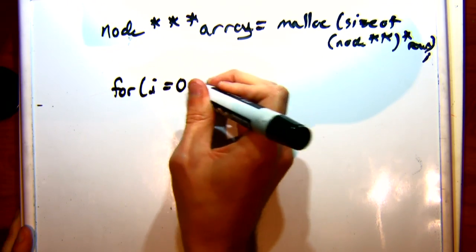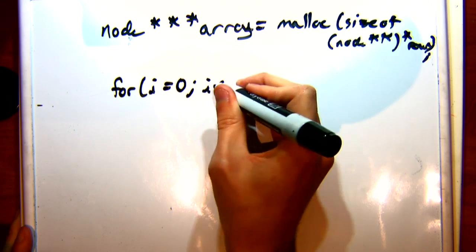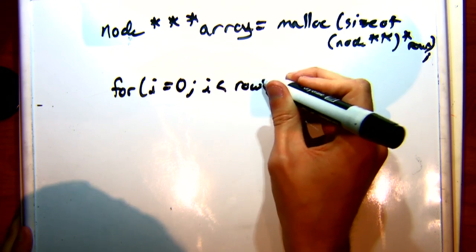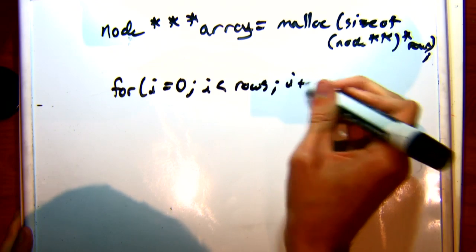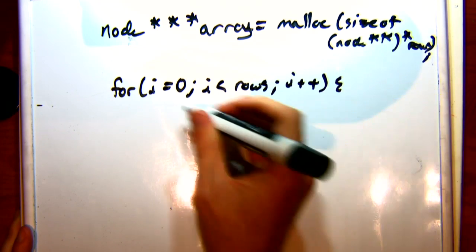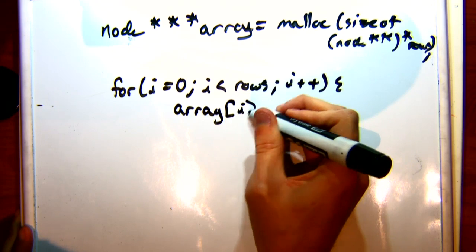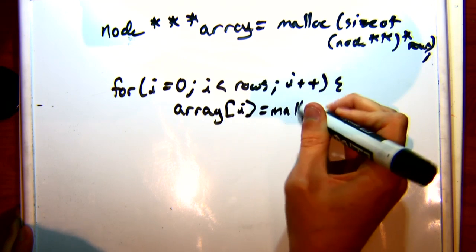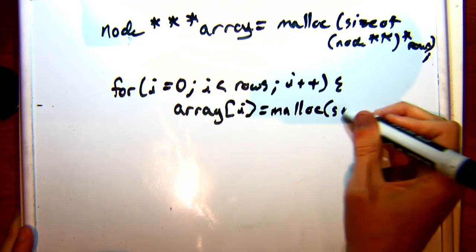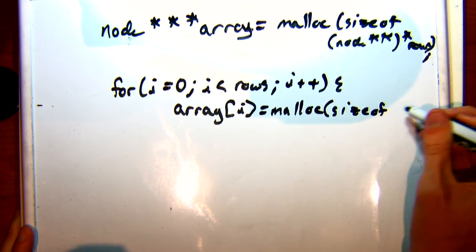And then we'll have a loop, which we need to create that two-dimensional array. I'm going to run out of room again, but I'll read it off.